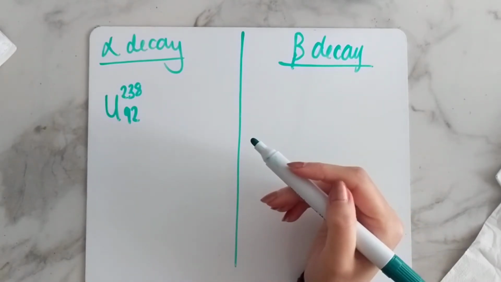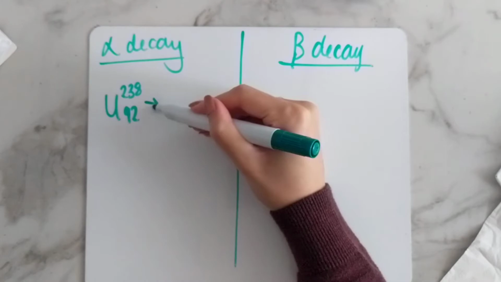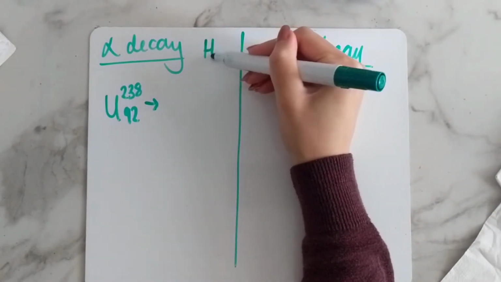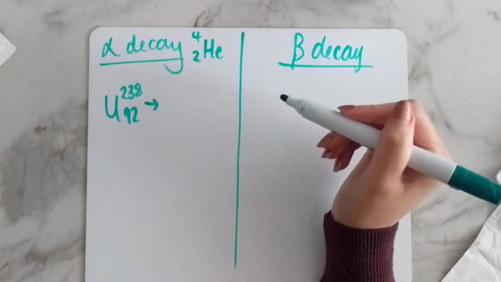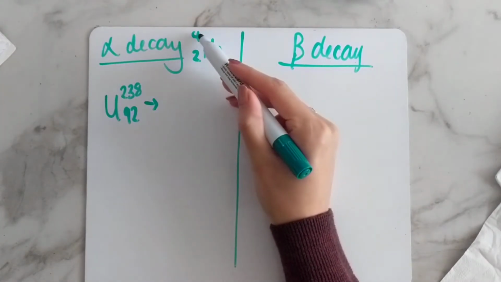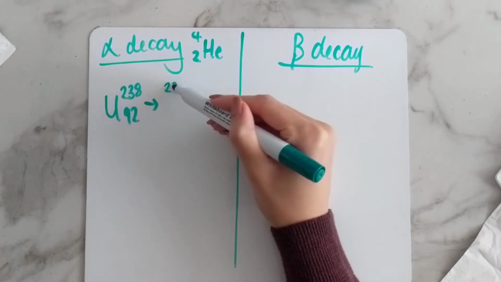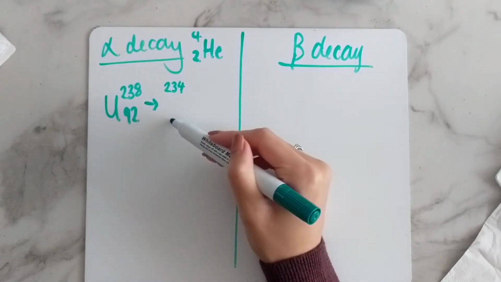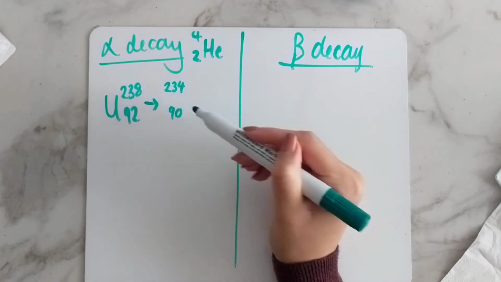What happens is during alpha decay, when this alpha particle is lost, remember alpha is a helium nucleus. So what you have to do is you minus 4 from the top number, so 234, and you minus 2 from the bottom number, 90.